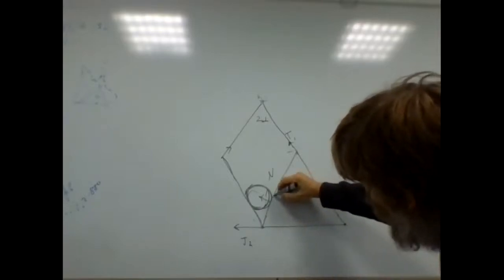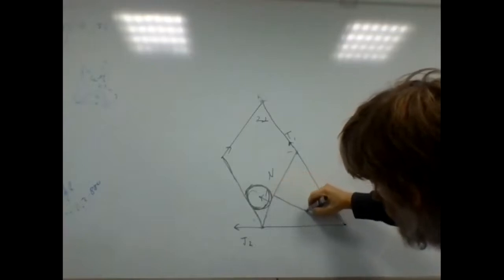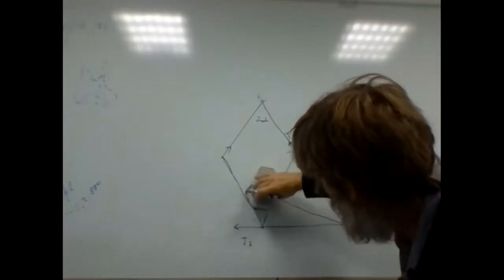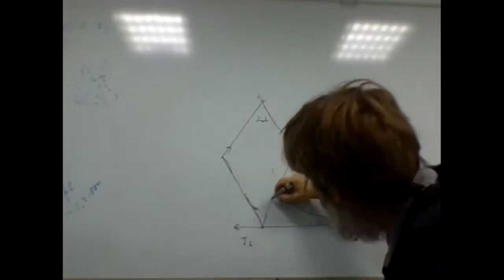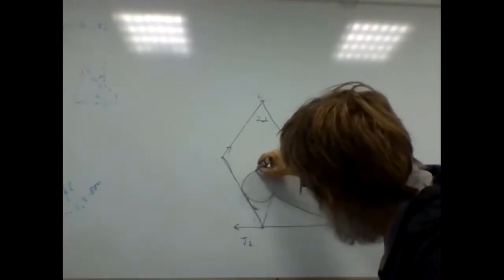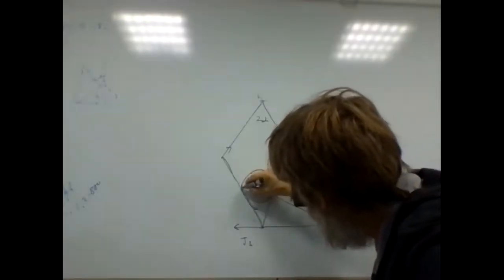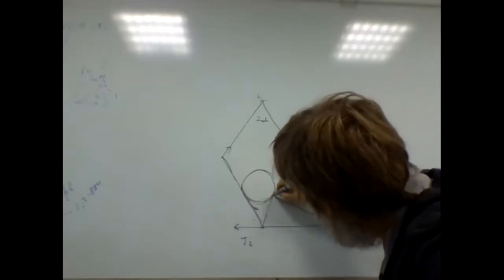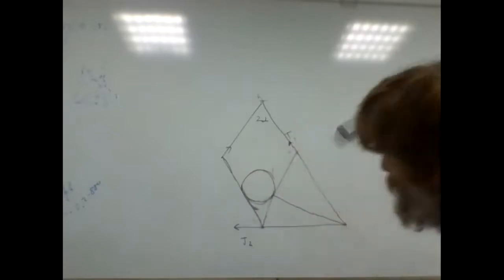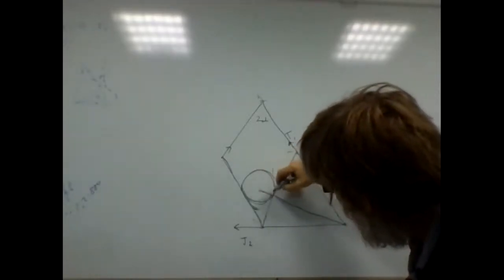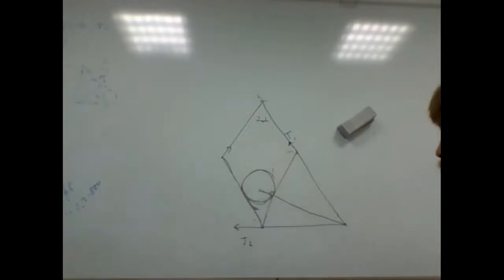So we need to correct the figure a little bit. Here is the ball. The normal force here goes through that point. And now we can extend this. Here we have a right angle.